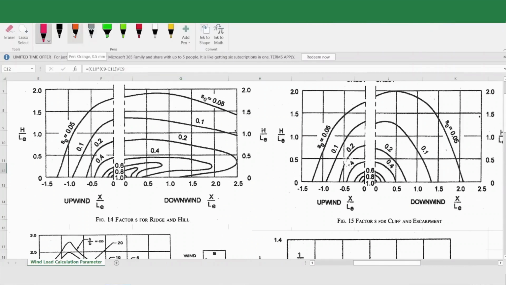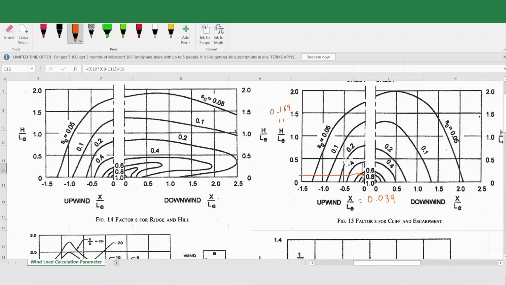This value is equal to 0.169, and this value is equal to 0.039. This value will lie over here, and this value will also lie over here.